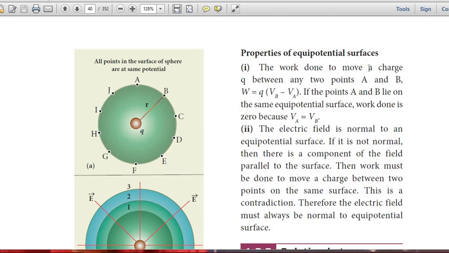The work done to move a charge Q between any 2 points A and B: W is equal to Q into the change of V from A to B, that is VB minus VA. So W is equal to Q into VB minus VA.